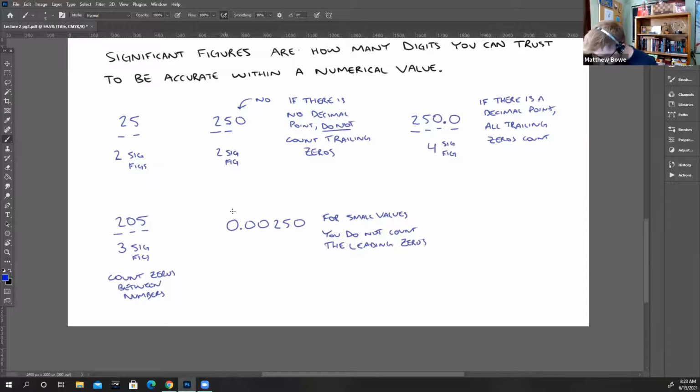So that means all of these, I'm just going to say no. Then the same rule that applied up here: since there is a decimal point, all trailing zeros do count.